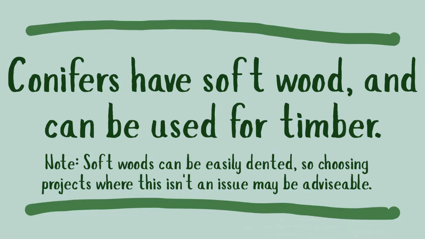You'll find those, and a lot of them have been planted. Obviously, we have the timber industry here, which we'll talk about on this slide. In fact, used for timber. But a lot of it has been replanted, and you can see just rows of different conifers. So, because of our industry, conifers have softwood, and they can be used for timber.